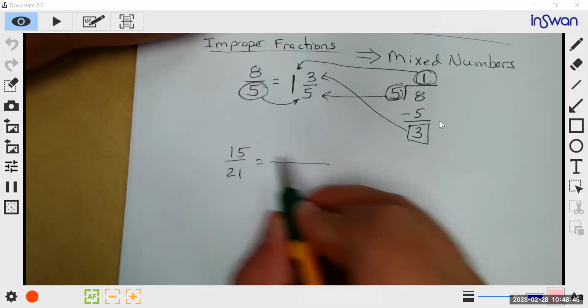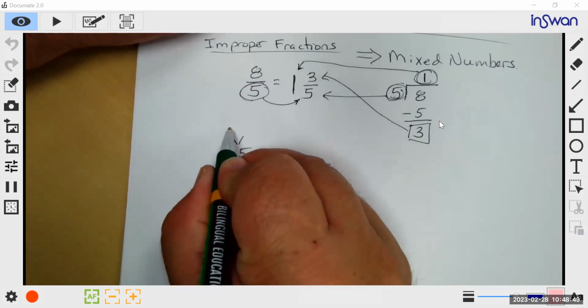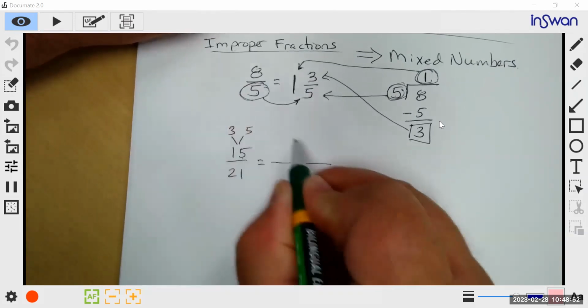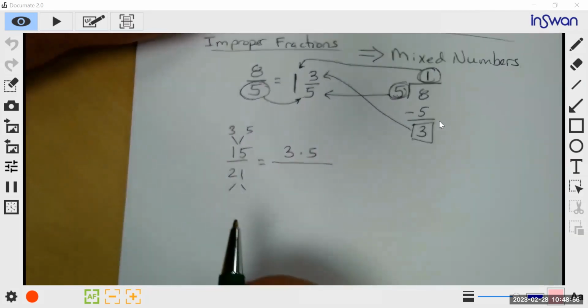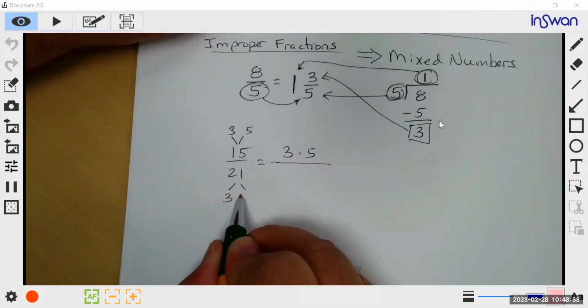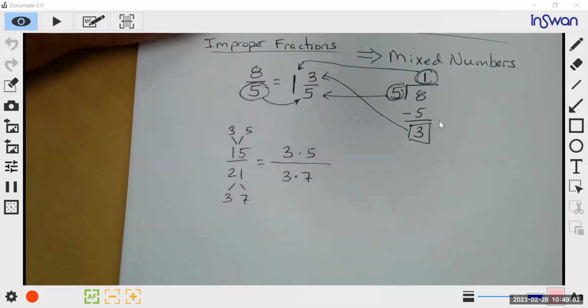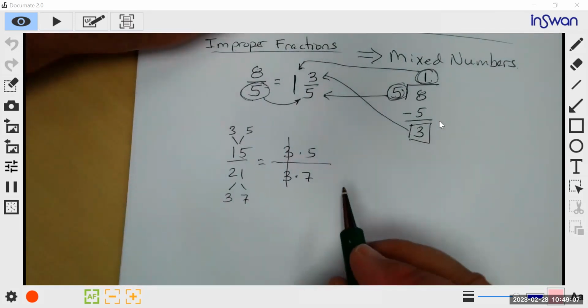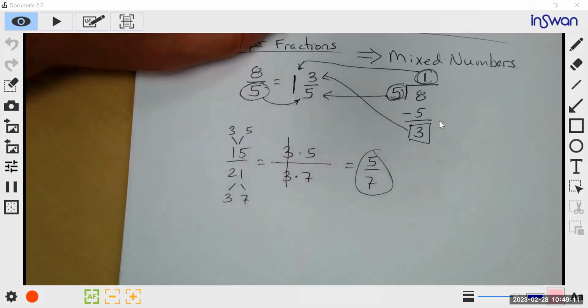What is 15 made up of? 3 times 5. What is 21 made up of? 3 times 7. Okay, anything cancel? The 3's can cancel. What we're left with is our final answer.